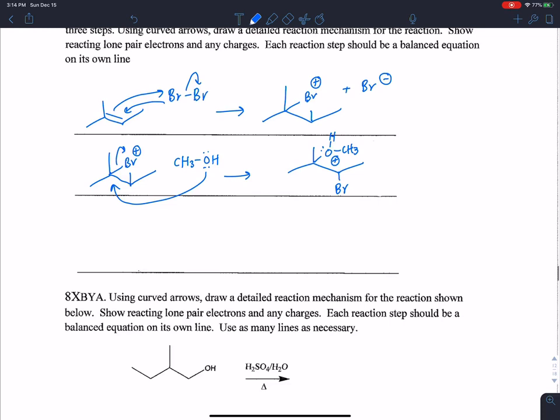Okay, and then last step is to deprotonate. So you have your bromine. So another one of these. We'll take that H off from here. That step should be reversible, and my final answer is this.